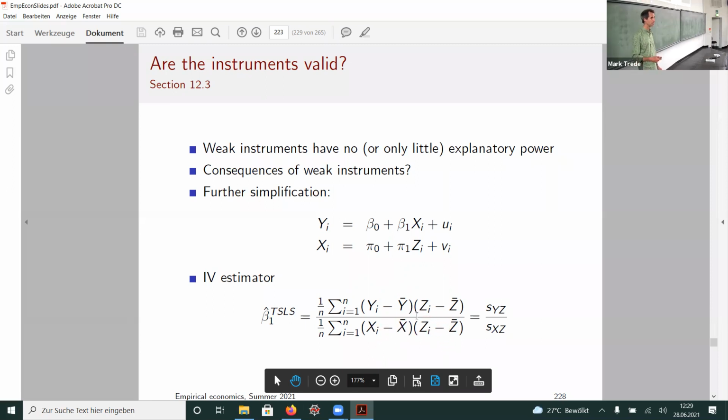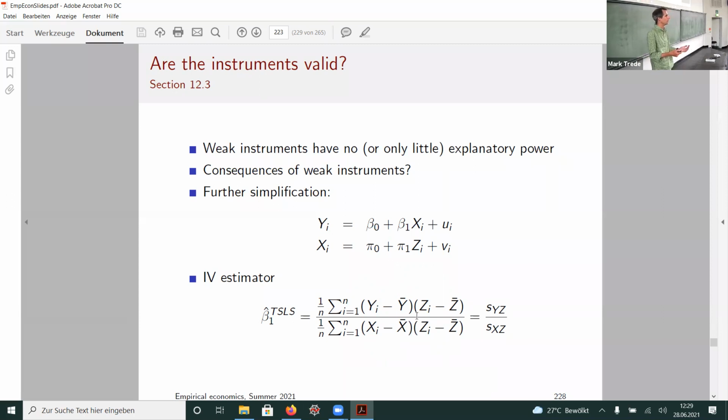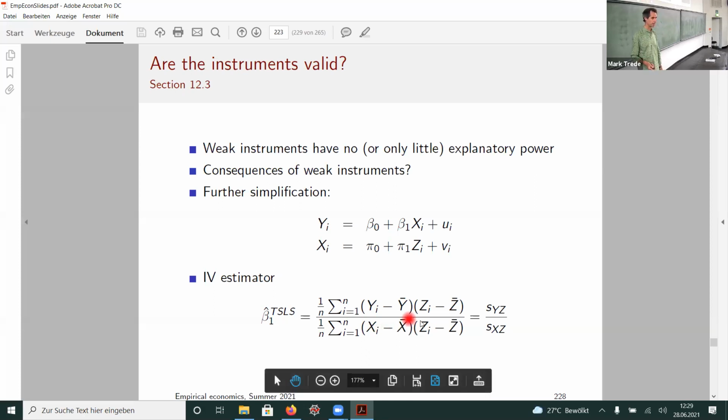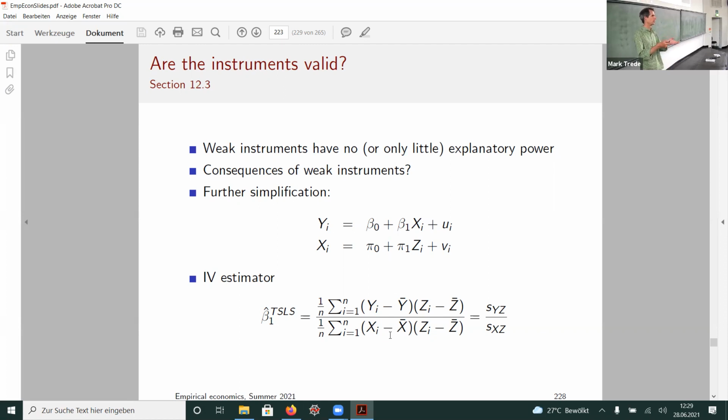Now what happens if there's no predictive power? No predictive power simply means that there's no covariance between the x's and the instruments. So in that case, the covariance between x and z is 0. And the estimated covariance between x and z is probably not exactly 0, because there's always some kind of noise.